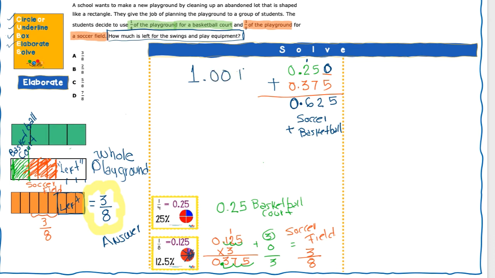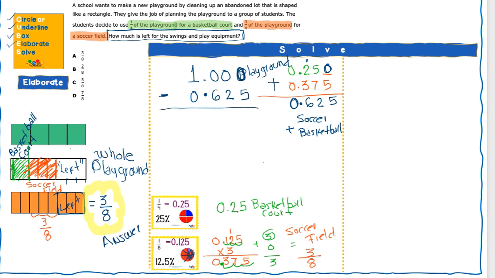Remember, this is the whole playground. And then I'm gonna take away from the whole playground the soccer field and the basketball court combined. Line up the decimal point first, and then the number will be 0.625. Then on top of this, I should have a 0.